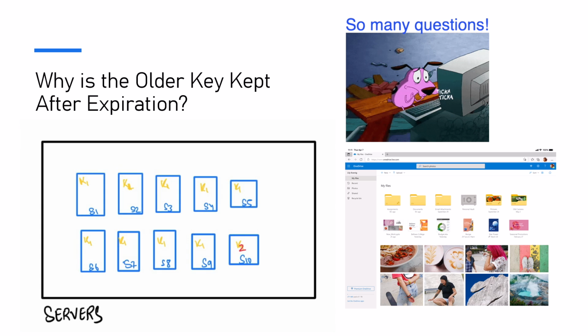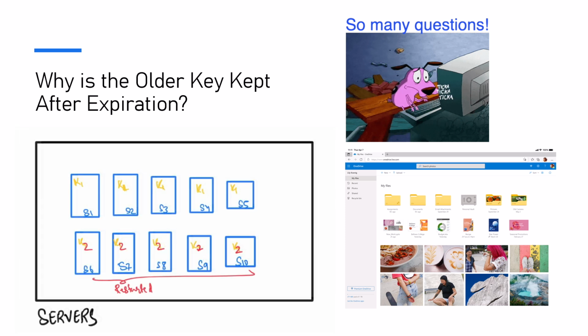So now 9 have the older key, and the 10th one which got restarted has the new key. So whenever a request falls to this server, the flow will break. And let's assume that after a certain point of time, a couple more servers restarted, and now we have 5 servers that have restarted and 5 that didn't.